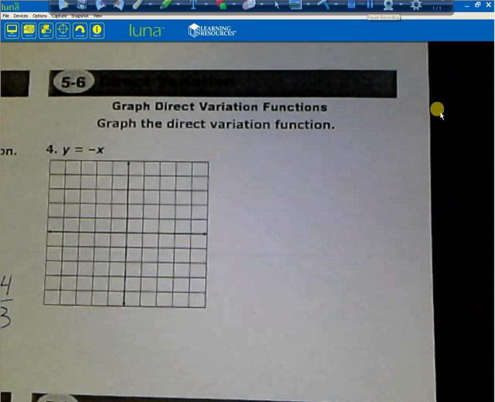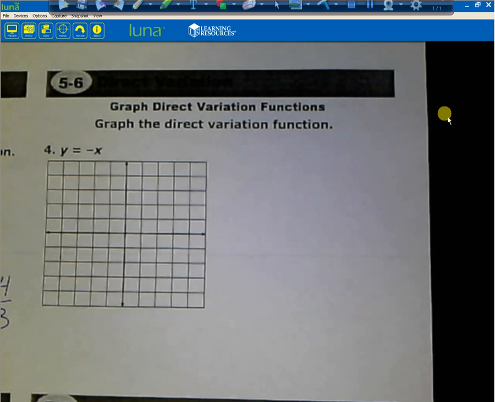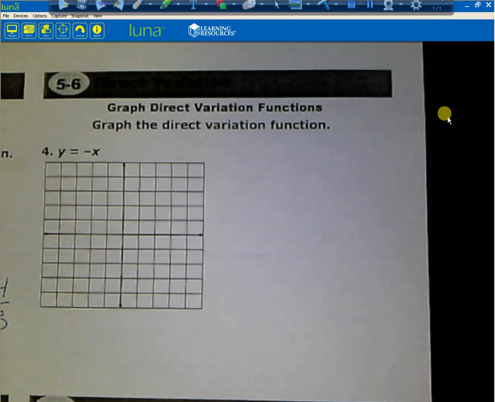All right, so we've looked at identifying direct variation equations, and now we're going to look at graphing them. It says graph the direct variation functions, and they've given us here for number 4 y equals negative x. So we have to determine what our k is first of all. And you understand that in front of a variable, when there is nothing else there, we have an understood 1 there.